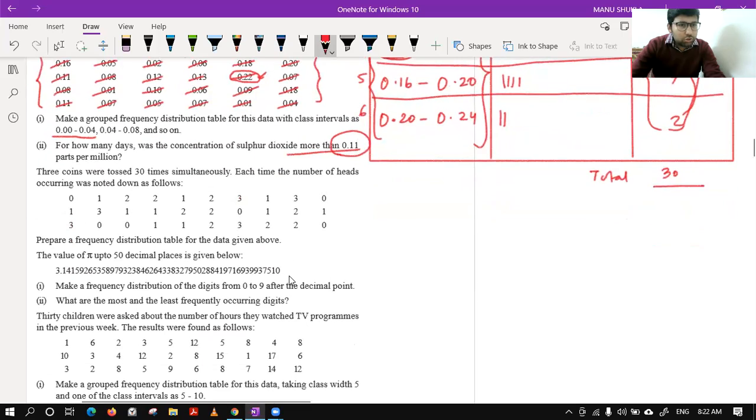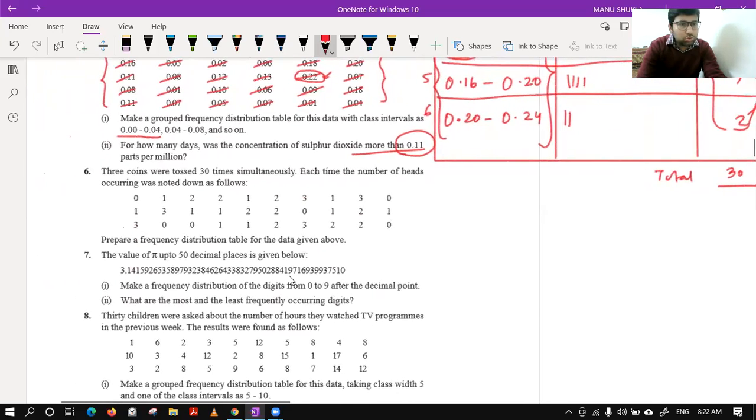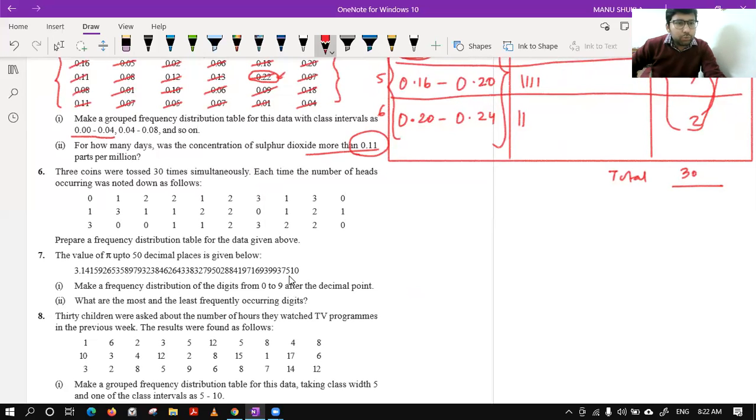Now the question Vaishnav was saying, this question also, the value of pi up to 50 decimal places, they have written for you 3.14159. So if you also keep on doing this, you will get the same thing. And we also know that in the first chapter only we have done that pi is an irrational number. The reason being it is known as non-terminating.